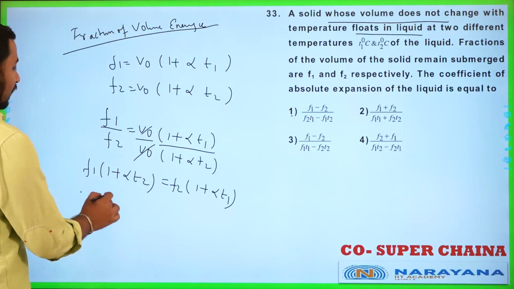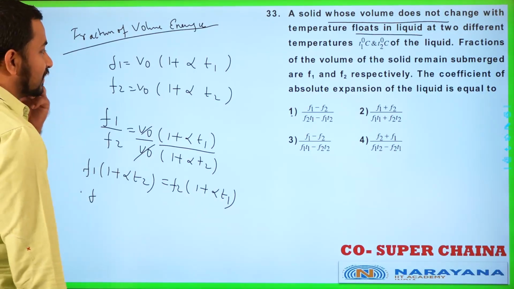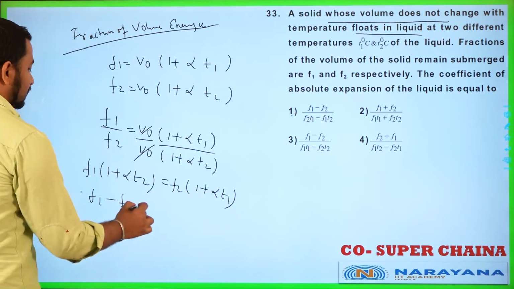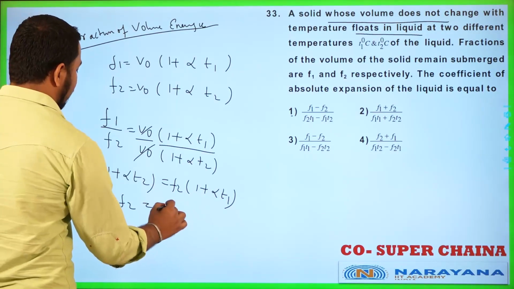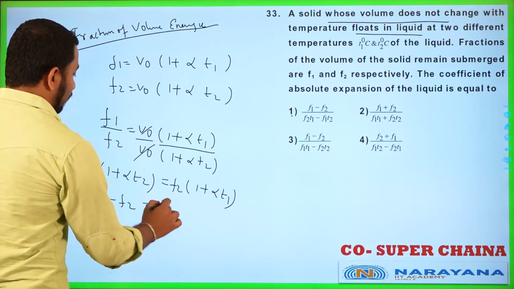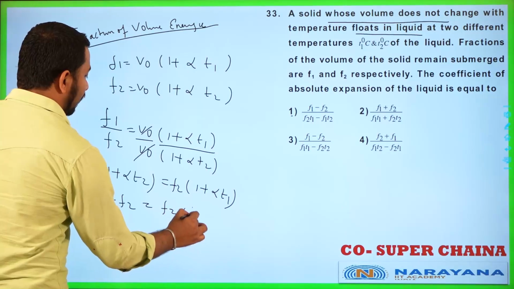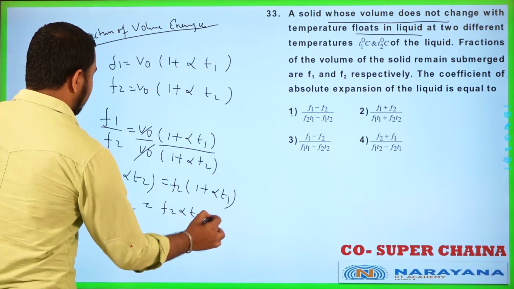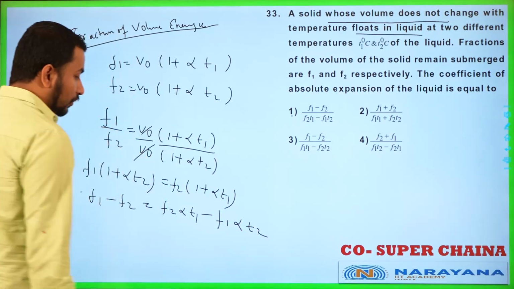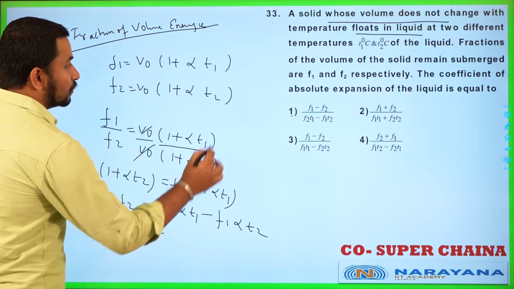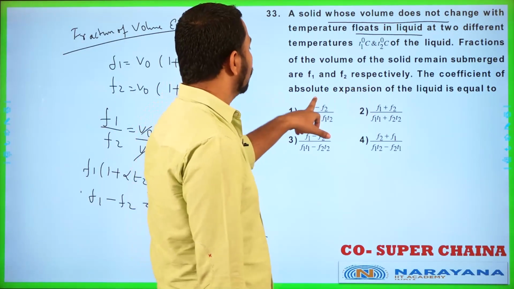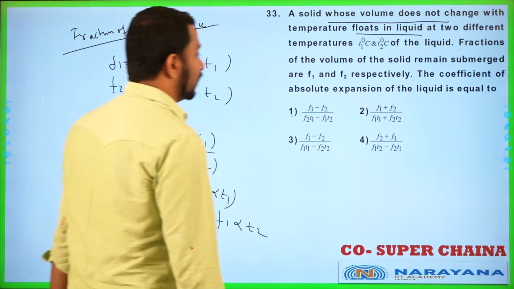If you simplify here, we get F1 minus F2 on this side, and on the other side we get F2 alpha T1 minus F1 alpha T2. We need the value of the coefficient of absolute expansion, alpha.